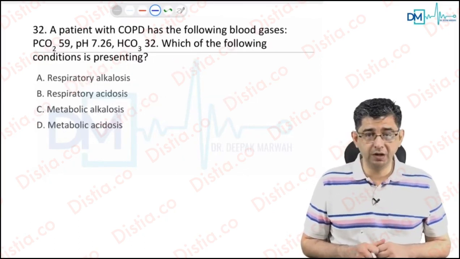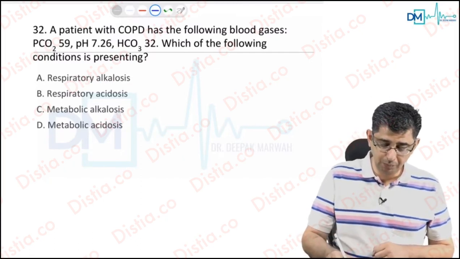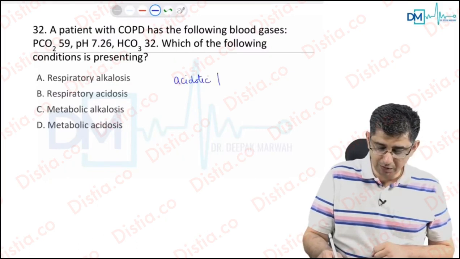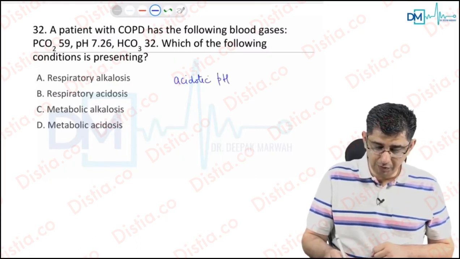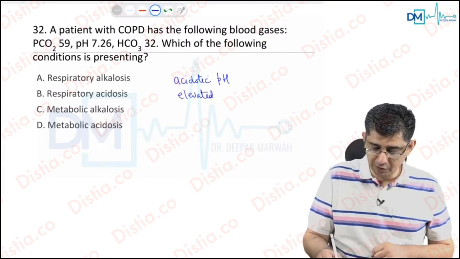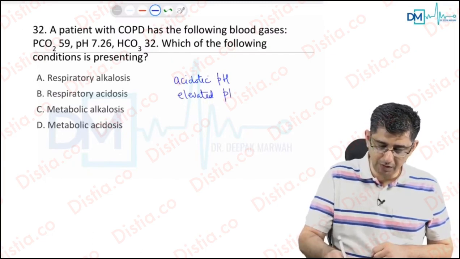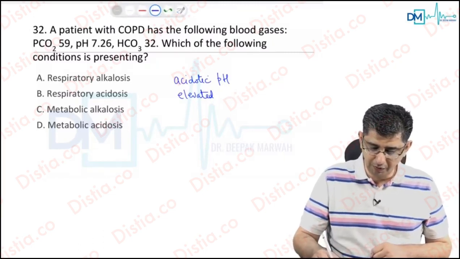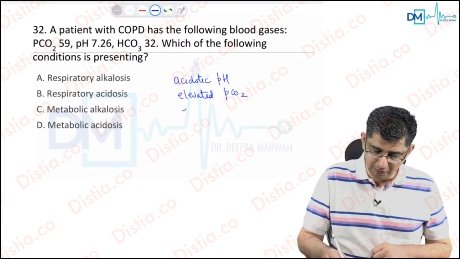A patient with COPD has the following blood gases. The pH of this patient is 7.26, so he has an acidotic pH. The value of PCO2 is elevated, so that explains that he probably has a respiratory acidosis. If I look at the value of bicarbonate in this fellow, bicarbonate is also elevated.